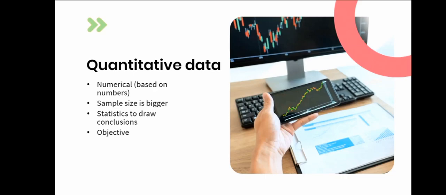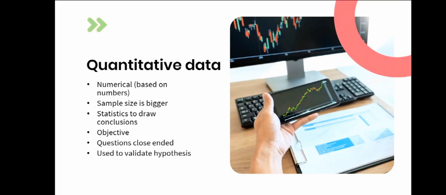Quantitative data is also objective. The questions that we ask to gather this type of data are closed-ended, and we use this type of data to validate our hypothesis. Upon further investigation, we will see that quantitative data can be discrete or continuous. But more on this in relation to where we use data.